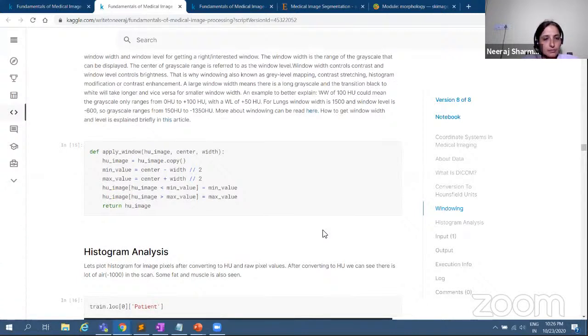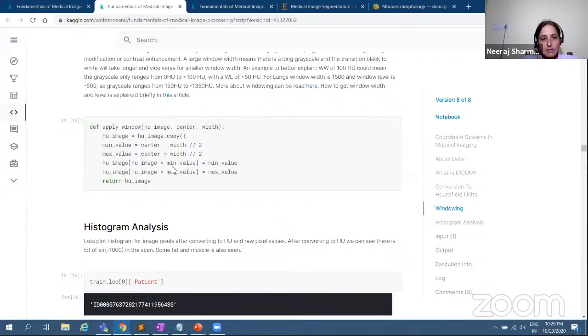So what we are doing with this method is we are passing the HU image. That means we are not passing the raw image, we are passing the HU converted image. So the first step was we converted to HU, and then we pass that image here along with the level and the width. Here the minimum value is the level or center minus width divided by 2, and the maximum is the sum of them divided by 2.